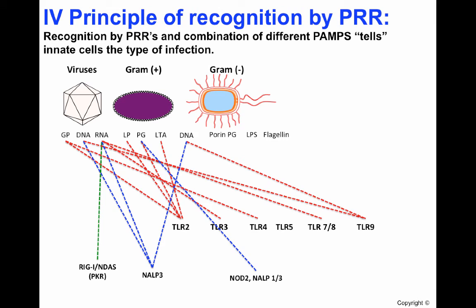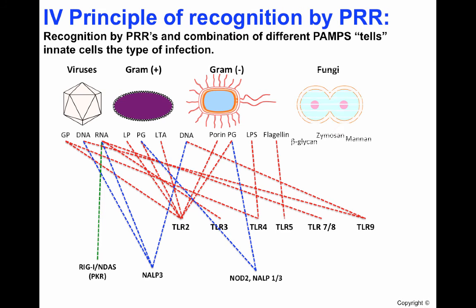Some PAMPs associated to gram-negative bacteria include LPS and flagellin, which are also recognized by different TLRs and molecules. More specifically, flagellin is recognized by TLR 5, LPS by TLR 4. Fungi also have their own PAMPs, and they include beta-glycans, mannans, and zymosan, which are recognized by different TLRs as well.